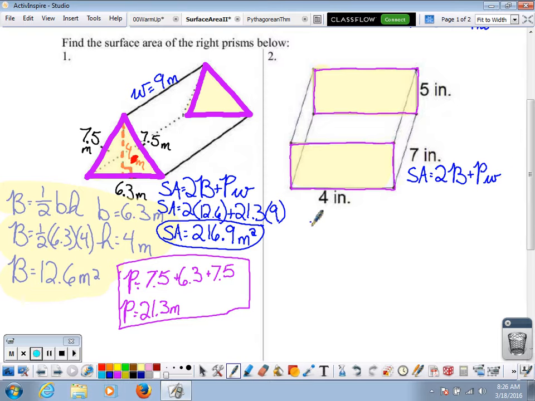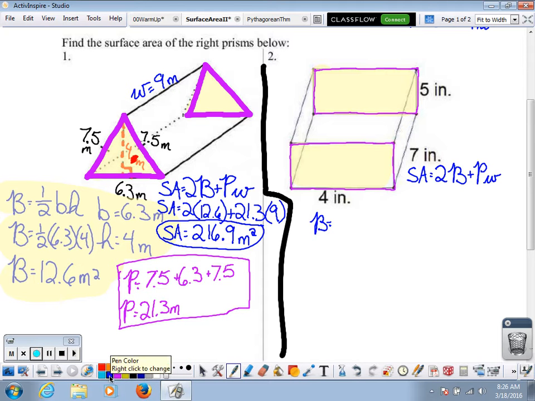So first I need to find the area of the base. Now we said those bases were going to be the front and the back. Dylan, what shape are those bases? They're rectangles. And what's the formula for area of a rectangle? Good. Area equals length times width.